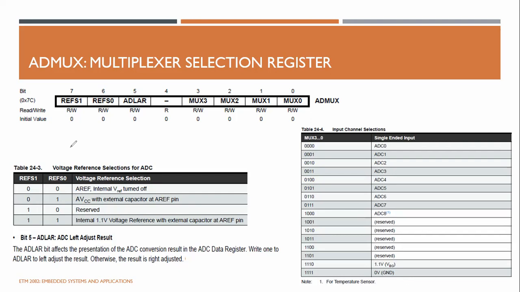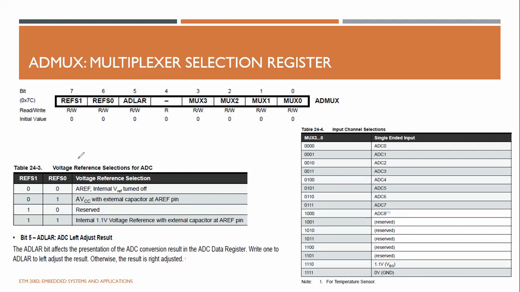If you write these bits as 0 and 1, you are selecting AVCC, or the supply voltage to the analog port of your microcontroller, but you have to connect a capacitor to the AREF pin. And this is reserved. If you want to select the internal bandgap reference of 1.1 volts, you have to write 1 and 1 to these two bits.